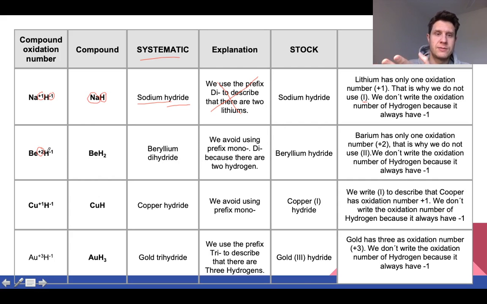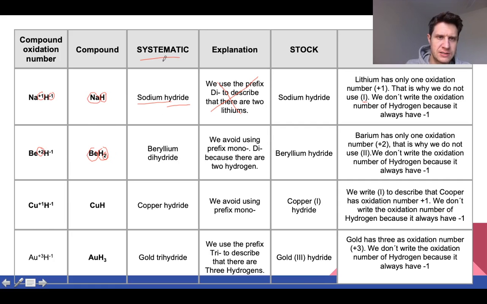Therefore, all of them are the same. Beryllium and then 2 hydrogens. We shift the oxidation number from the element here on the left, which is 2 in beryllium, so we write it beside the hydrogen.